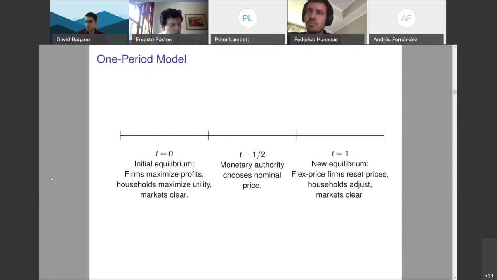So the nominal wage changes, and then a new equilibrium is established. But this time, the flex price firms get to readjust their prices, which is some randomly chosen subset of firms. And then all the other firms just have to keep their nominal price constant at what it was at T0. And then the households adjust and markets clear. So it's a very simple version of a Calvo model.